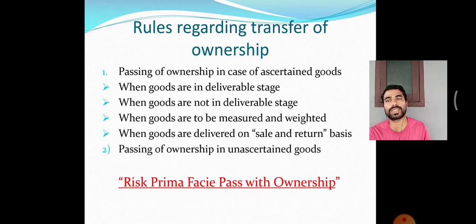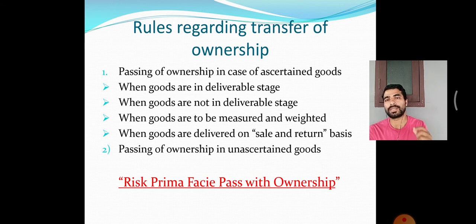Number two, when the goods are not in a deliverable state and the seller has to do something to make them deliverable, then unless the seller does something to put the goods in a deliverable state, the ownership will not transfer.